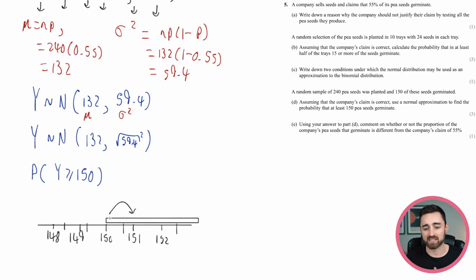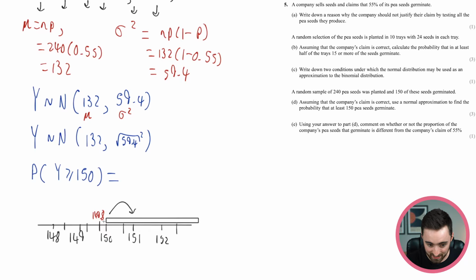One thing that we could say is, okay, we're using a continuous distribution to approximate a discrete one. So if I get a value that's not a whole number, I'll round it. So if I was to get a value of 149.8, I'll round it to 150, which makes sense, right? Because you know it can't be between 149 and 150, so you'll round it to the closest integer. So here's the thing. When we're doing the normal probability, we need to take account that there are actually more values that are going to round to a number greater than or equal to 150.